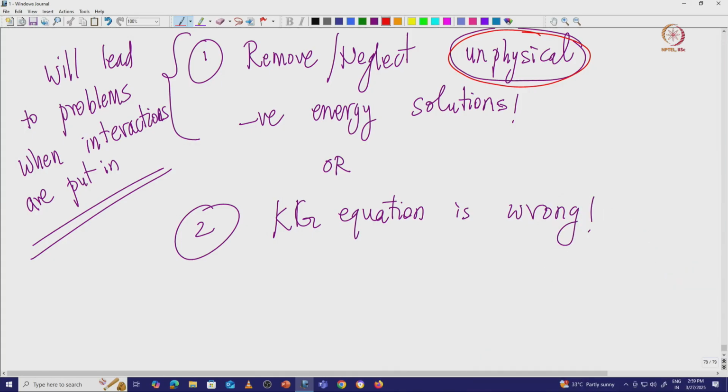The second choice we have is that the KG equation itself is wrong. Now why should the KG equation be wrong?